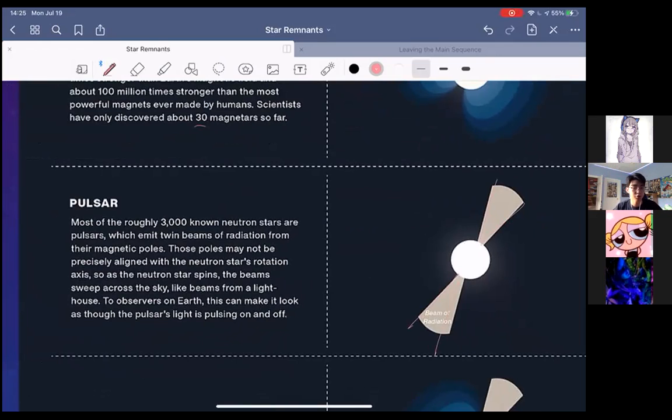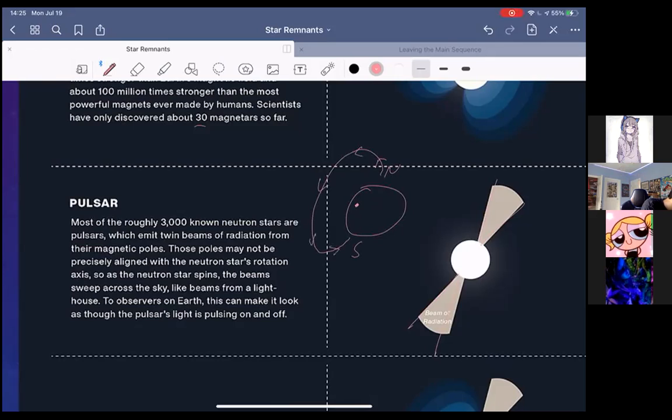It's not as strong as a magnetar's magnetic field, but it's still strong enough to cause most of the radiation inside the star to be funneled towards the poles. If you can imagine the north and south poles right here, and a piece of radiation, here are the magnetic fields, right? So it's going this way.